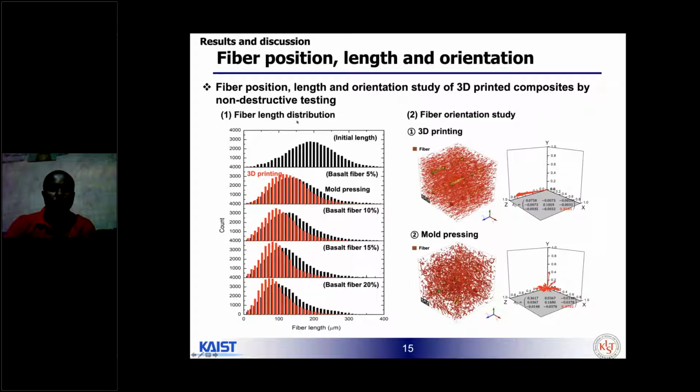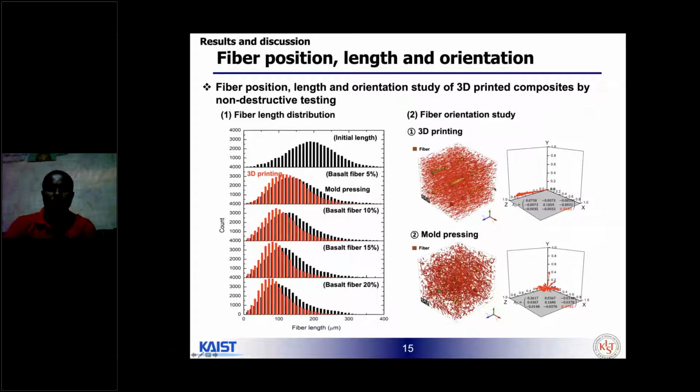Initially, fiber length was broadly dispersed in this range, but after fabricating the sample, severe fiber breakage occurred during both processes. After that, the final length of the fiber embedded in the matrix was about 100 micron or less.